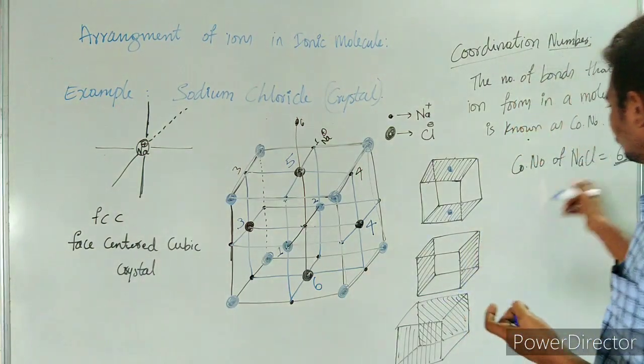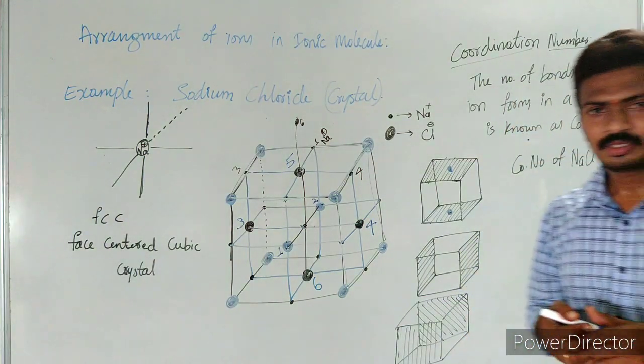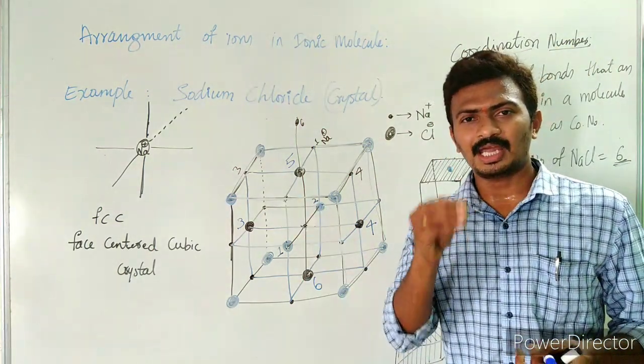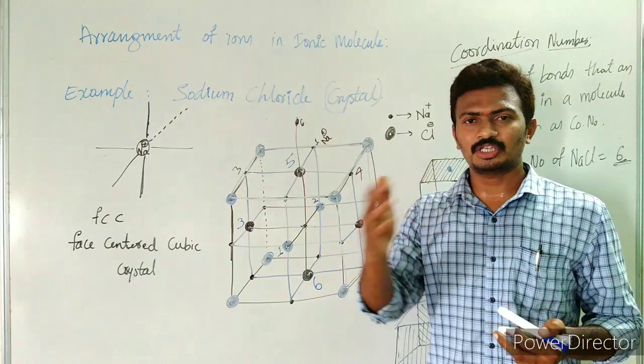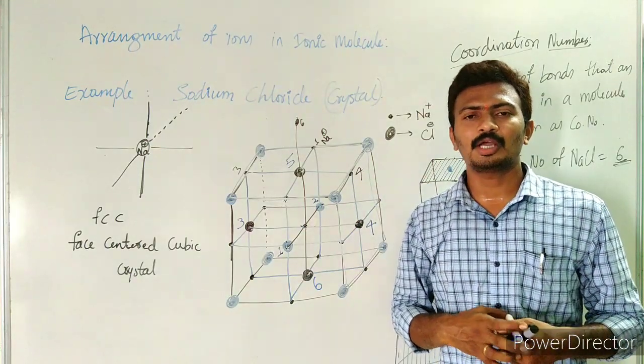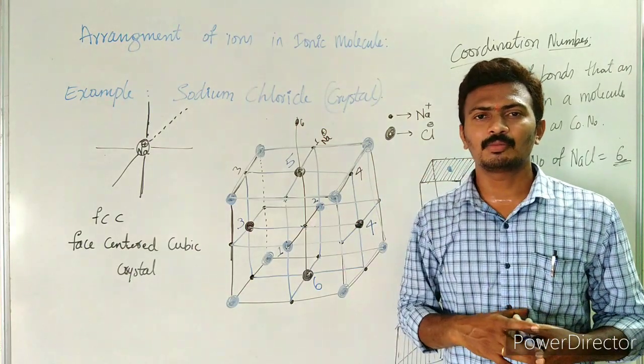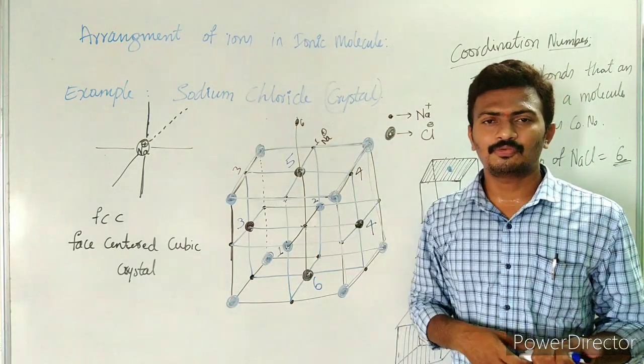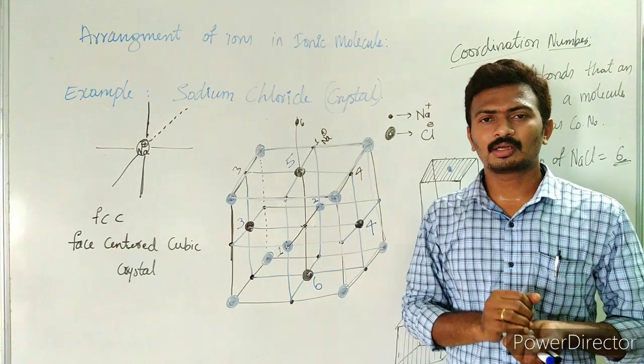Therefore, the coordination number is 6. Based upon the size of the cation and its charge, the coordination numbers will vary from one ionic molecule to another. So this is about the arrangement of ions in the ionic crystal.